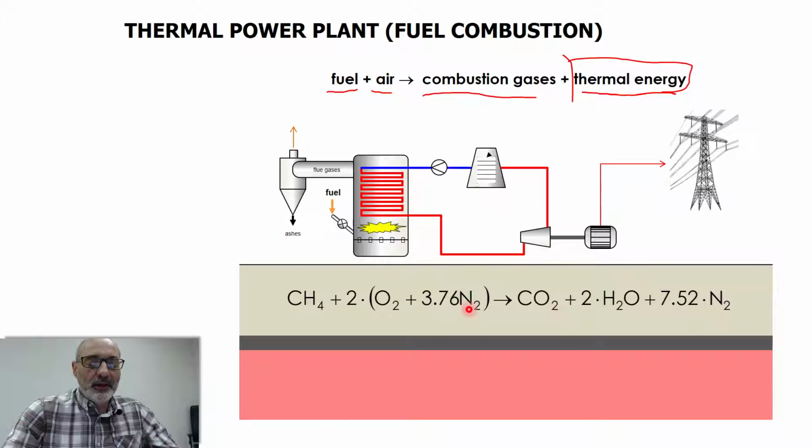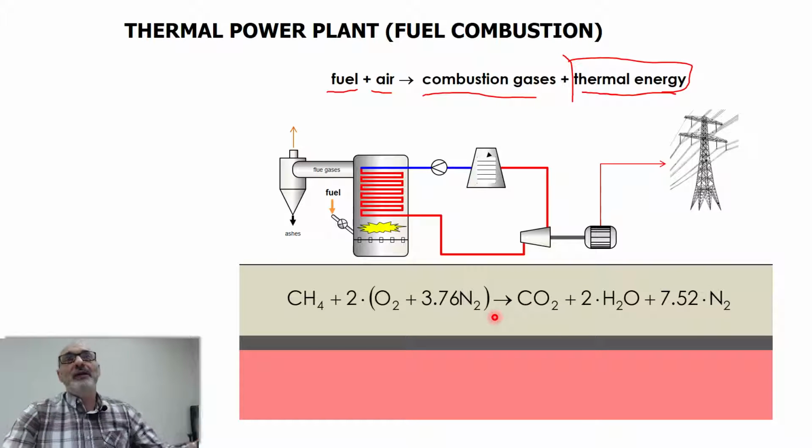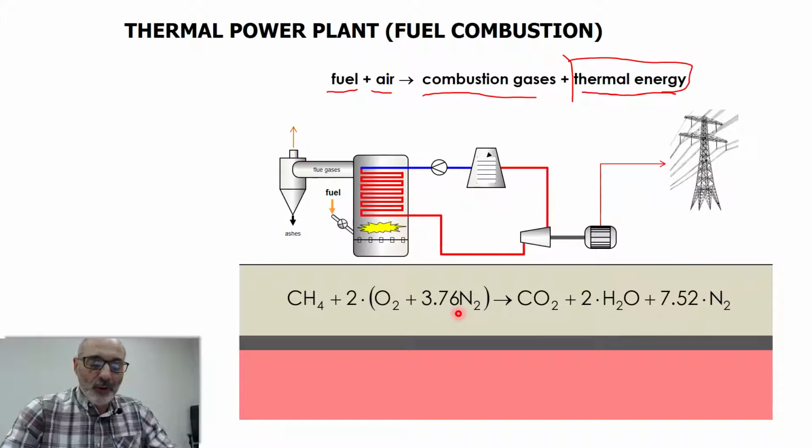If the temperature of the reaction is not high enough, the nitrogen is not going to react. So you have cold N2 here, and you have hot N2 here. So the role played by nitrogen is very important in controlling the combustion temperature.